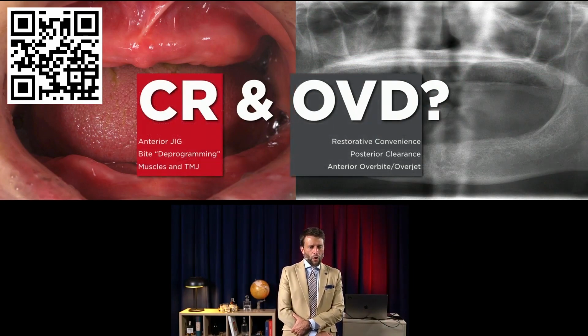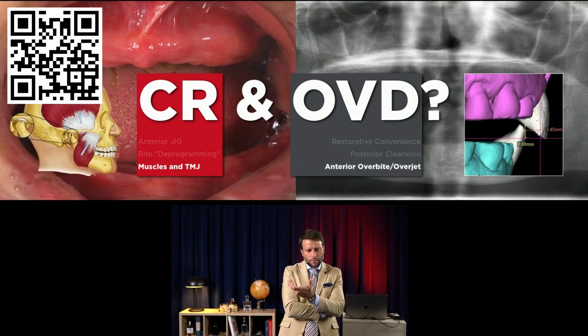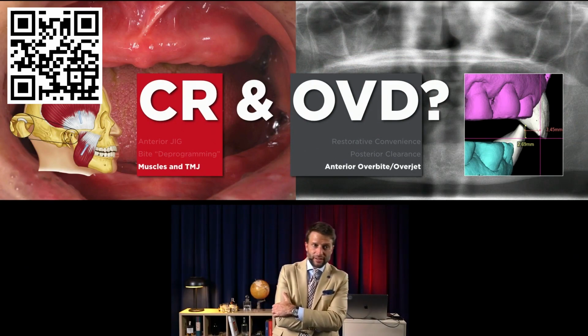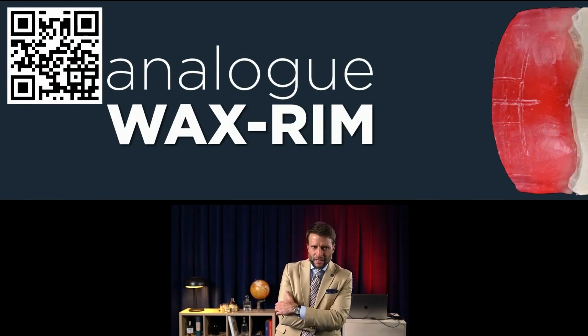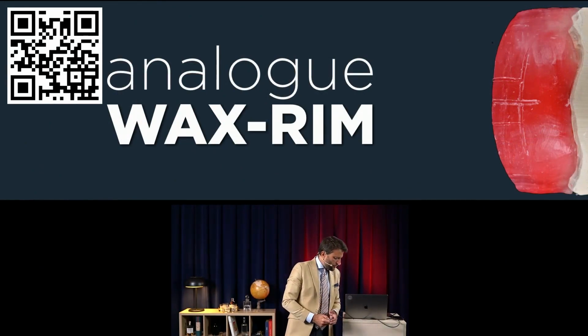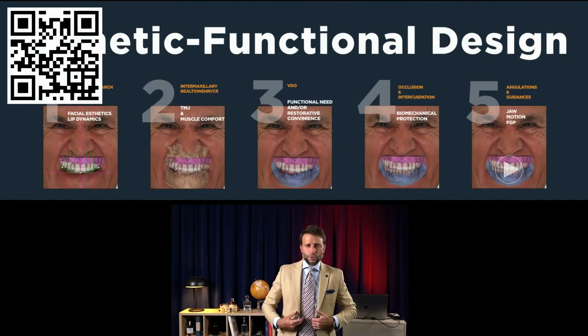Okay? So hopefully when you take the CR, we also bring a convenient vertical dimension for the teeth. These are the two things that we want to bring. So in edentulous patients, we still many times have to work with the wax rim.